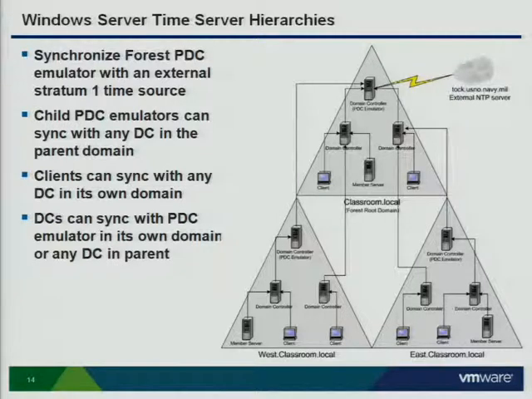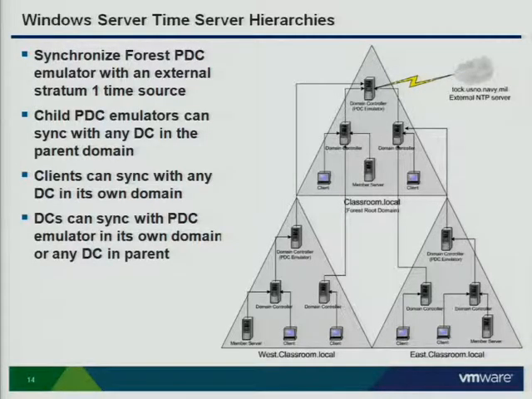Each domain has one, and it becomes the de facto timekeeper from which all other DCs in that domain get their time. So careful planning centered around this one, and specifically the forest PDC Emulator, is the big one. That's the one at the very top of the food chain from which everybody gets their time.